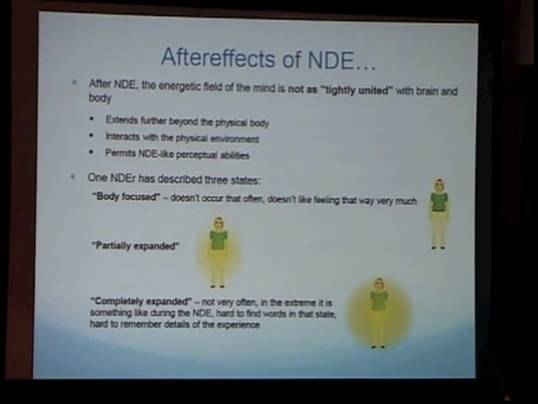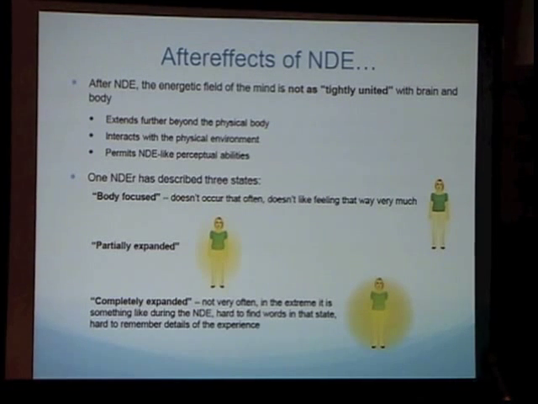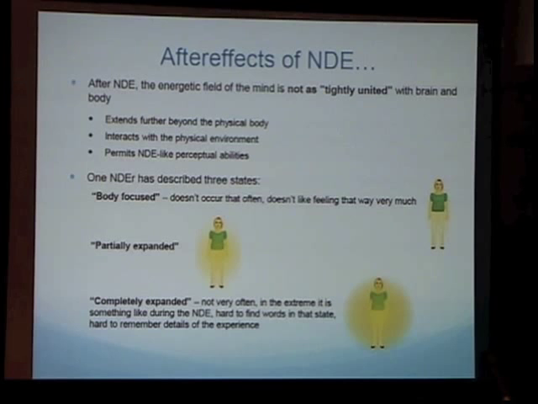And because of your mind and your perceptions, you have perceptions out of body which don't involve the brain at all, then you could have components of your perception that are NDE-like. So one NDEer has described to us 3 states. One is body-focused. It doesn't occur that often.